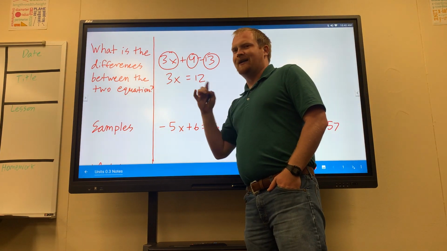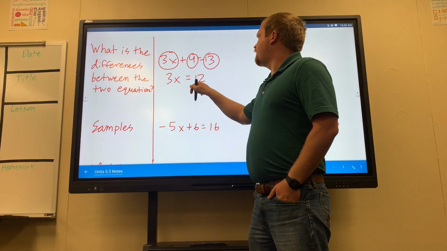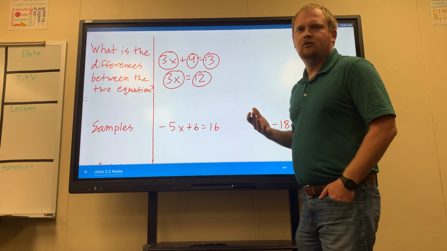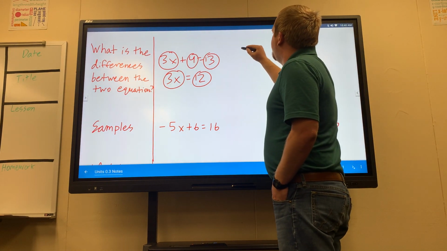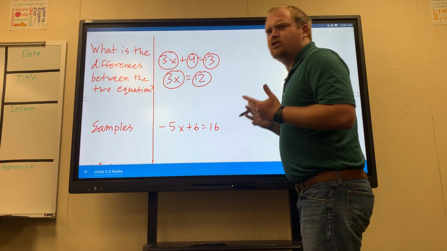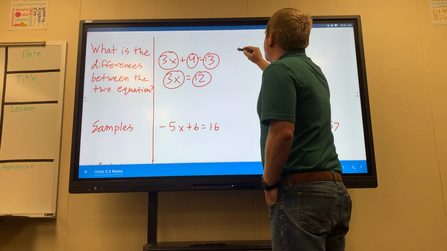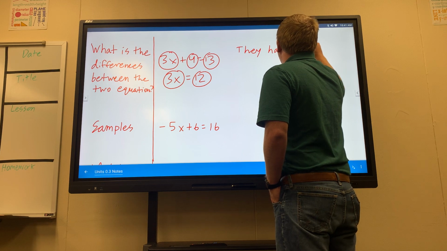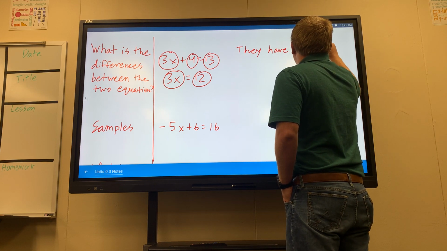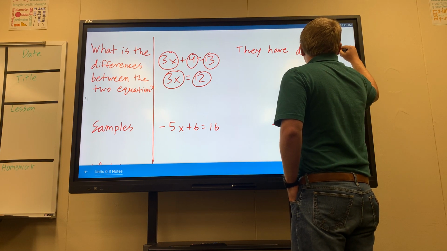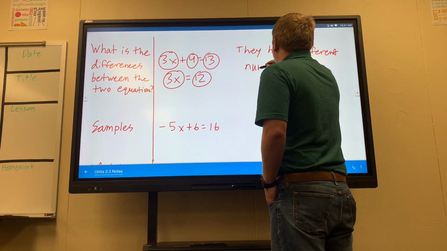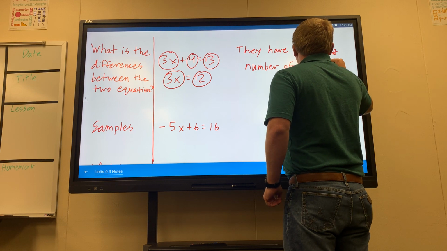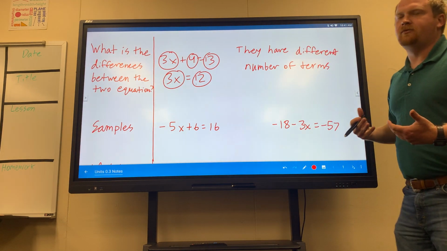Now, by looking at that logic, if you look down here, I have 1, 2 terms. Okay? So the big key I want y'all to get out of this is that they have a different number of terms.